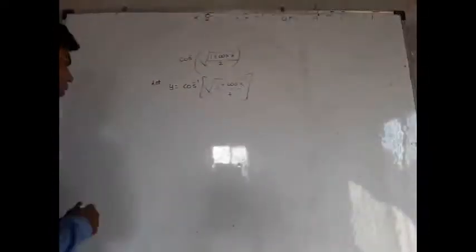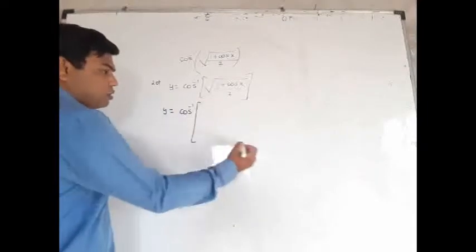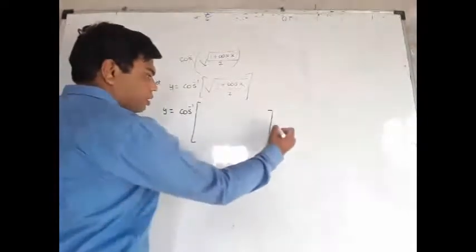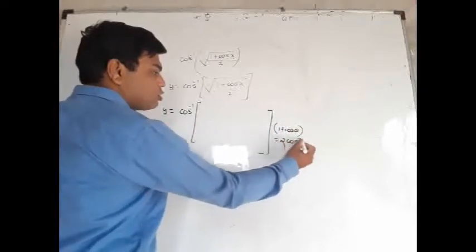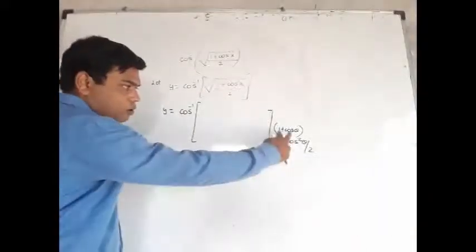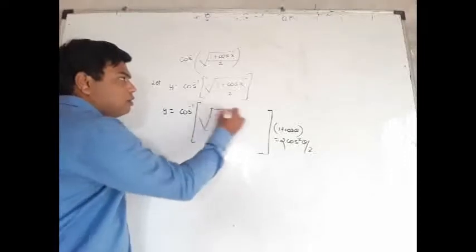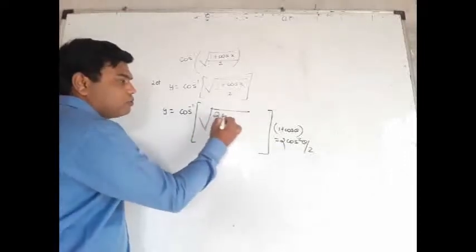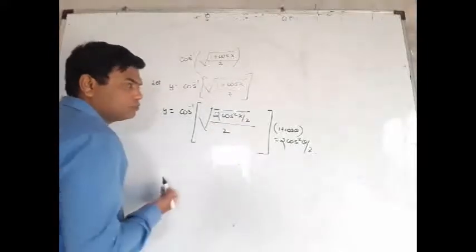Let's see. Y is equal to the cos inverse. Now we know the formula 1 plus cos theta is equal to 2 cos square theta by 2. This is half angle formula. 1 plus cos theta is equal to 2 cos square theta by 2. Like that way, 1 plus cos x is equal to 2 cos square x by 2, upon 2.